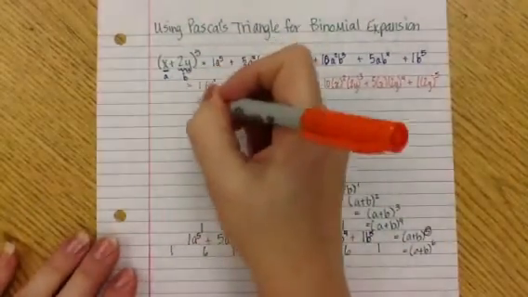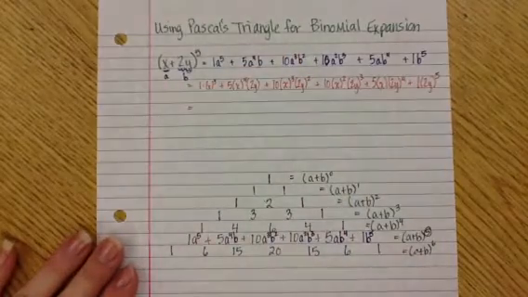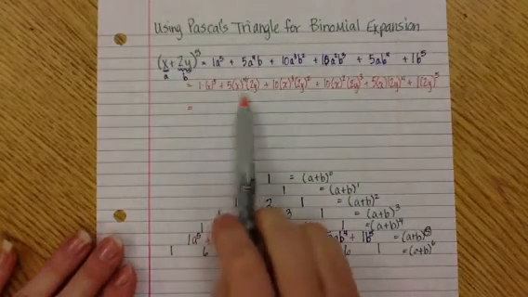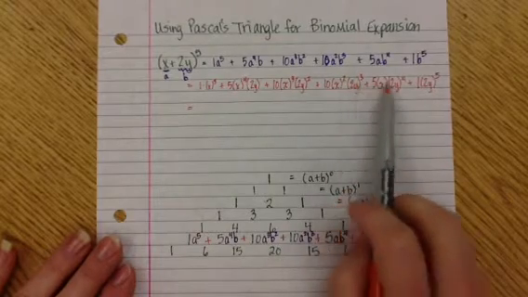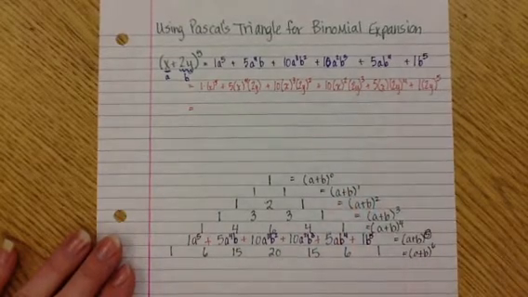Now, for the purposes of showing you how to do this, I'm going to multiply out each of these. I'm going to apply each of these powers so that you can see what I'm really multiplying.